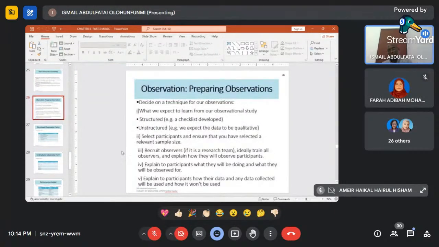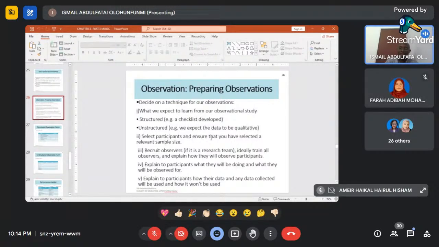Then observation also is a type of instrument, a way of collecting data. So, preparing observation: you decide on a technique for your observation and what you expect to learn from the observational study. Structured uses a checklist; unstructured, you expect the data to be qualitative.